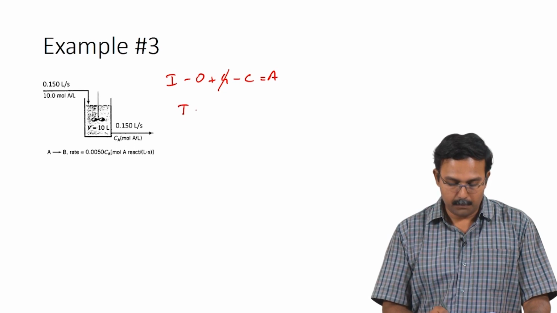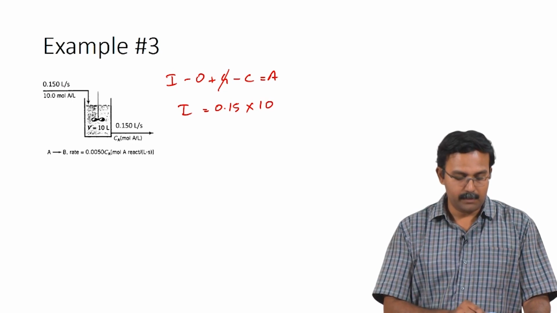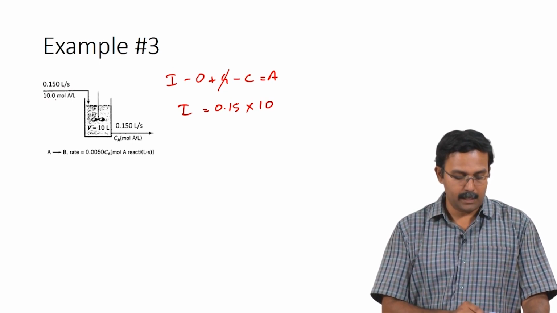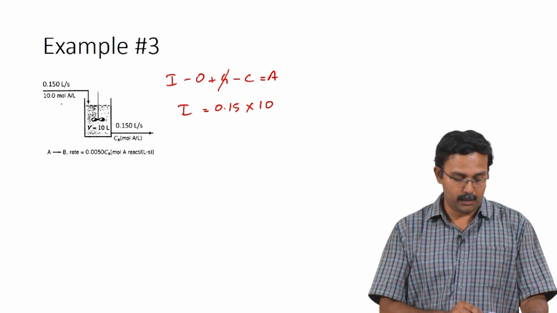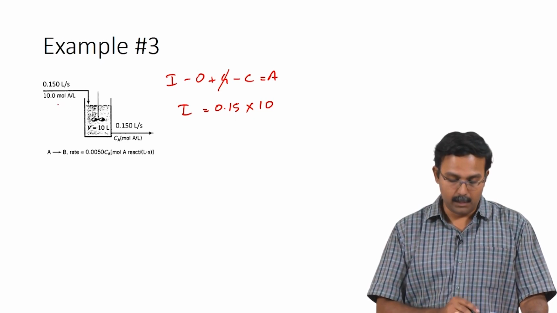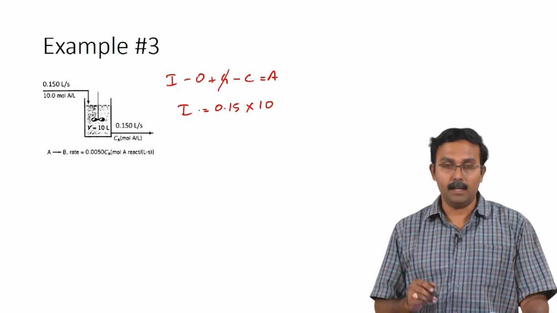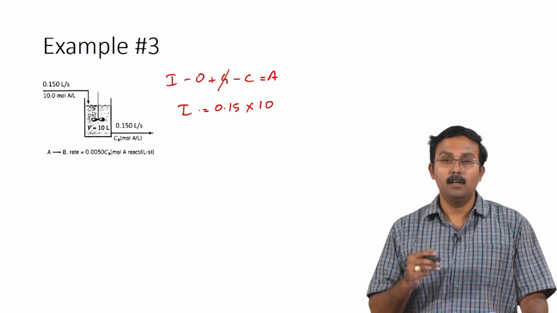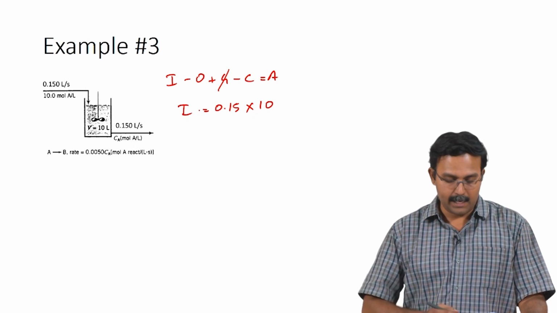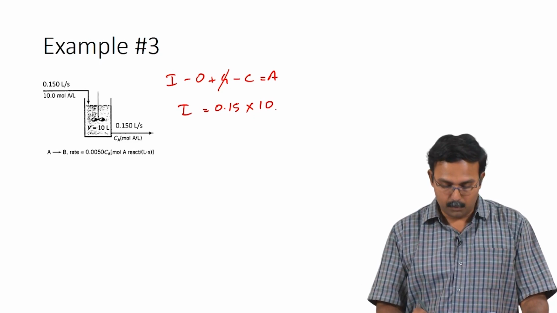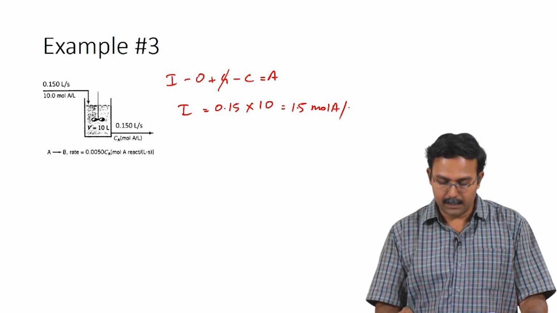The input term would be equal to 0.15 times 10, because 0.15 is the volumetric flow rate and 10 is the concentration of A in moles per liter. Doing this multiplication you would get moles of A per second, which is the molar flow rate of A entering into the system. So, this would become 1.5 moles of A per second.